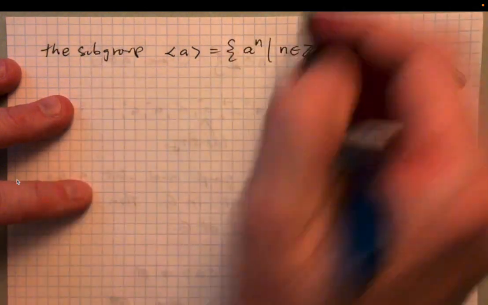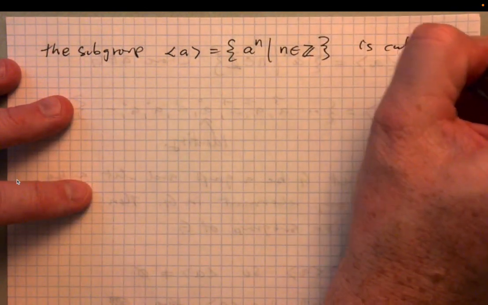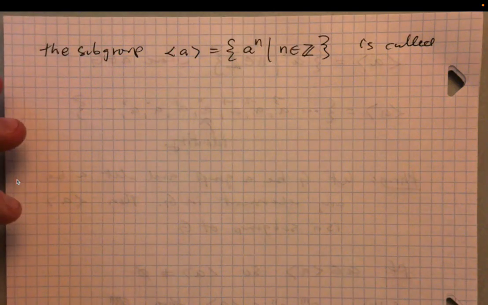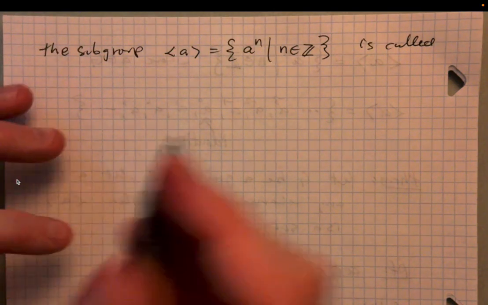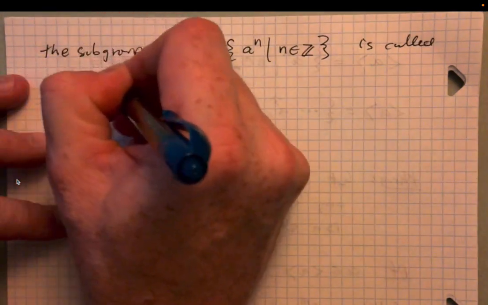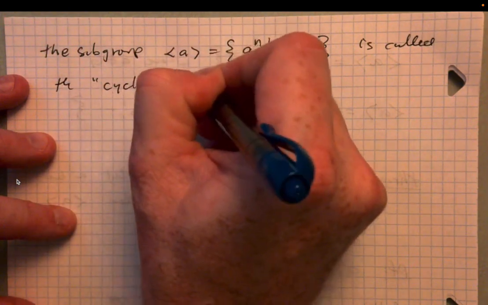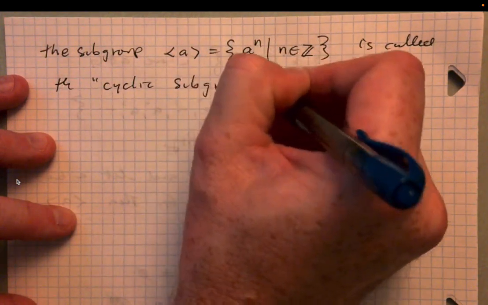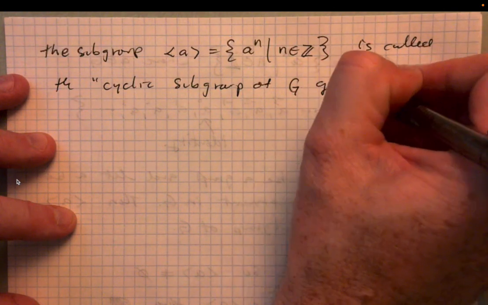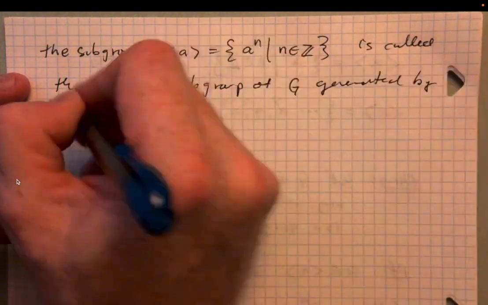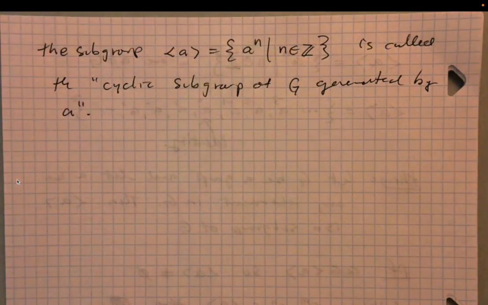The subgroup is called the cyclic subgroup of G generated by A. So it's a subgroup that's generated by a single element in the group.